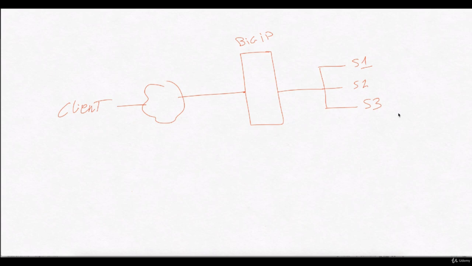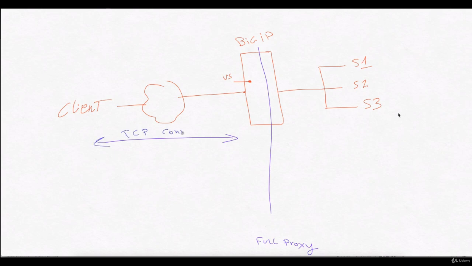Now on the Big IP, we have the virtual server serving our application. Now, if you recall that the Big IP will act in full proxy mode, it means when the client connects to the virtual server, there is a TCP connection, and then there is a separate TCP connection from the Big IP to the selected server.